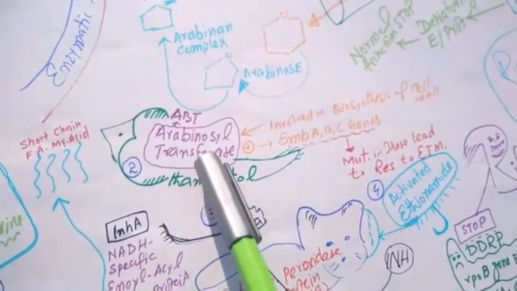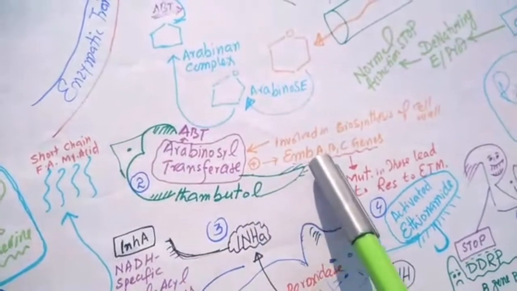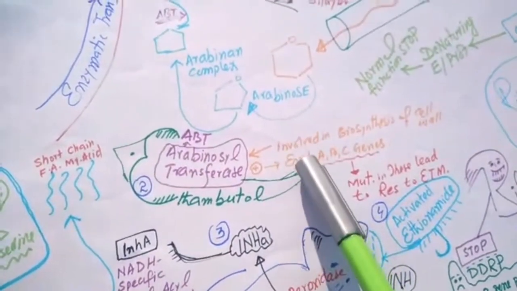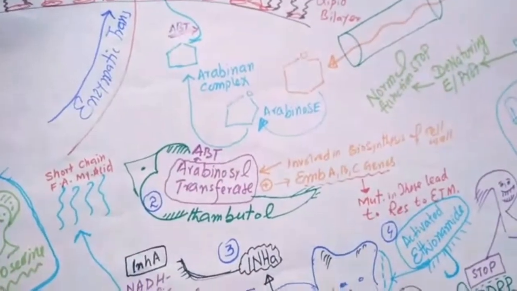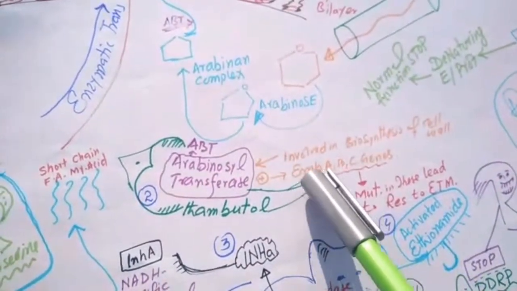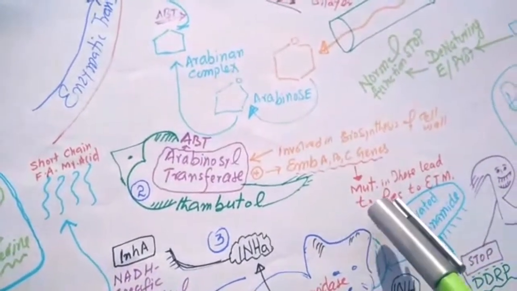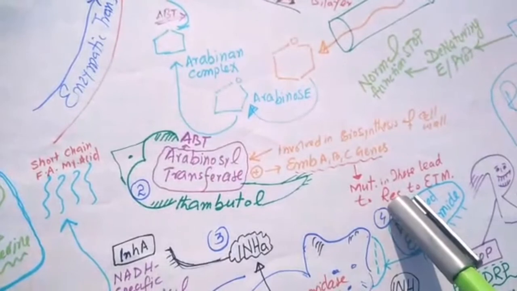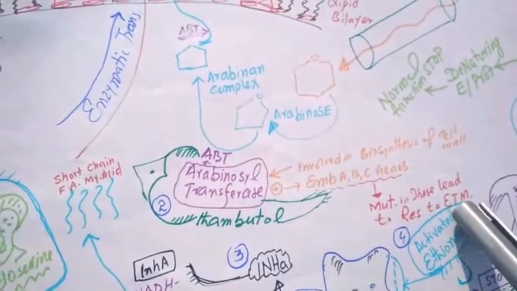This ABT enzyme is expressed by the genes EMBA, EMBB, EMBC. Mutation in these EMBABC genes is responsible for bacterial resistance toward ethambutol.